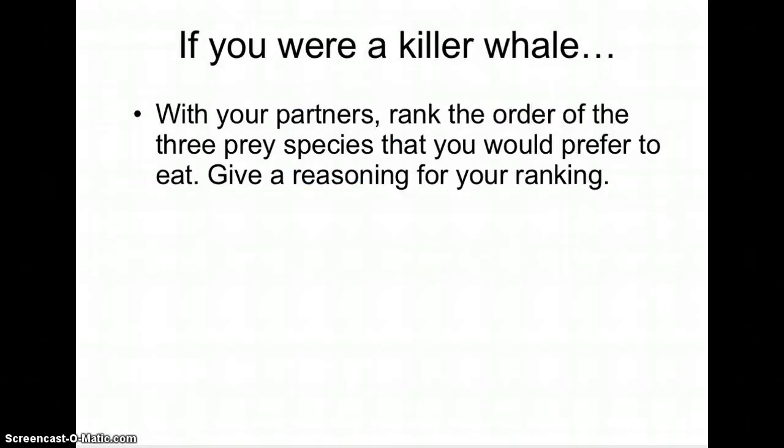okay, if you were a killer whale, with your partners, rank the order of the 3 prey species that you would prefer to eat. Give a reasoning for your ranking. Well, there's seals, sea lions, sea otters, and possibly other whales. So there's actually kind of 4 options to pick from.